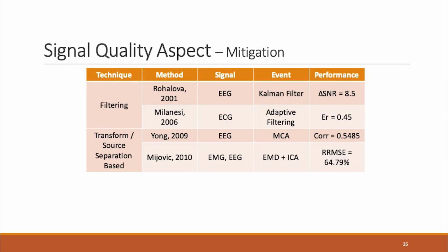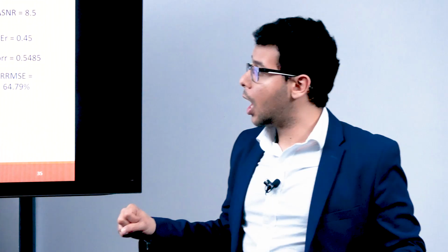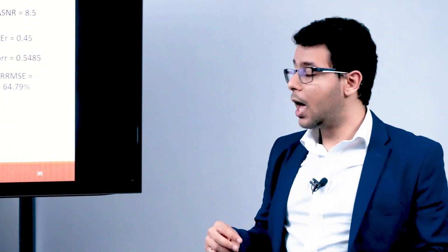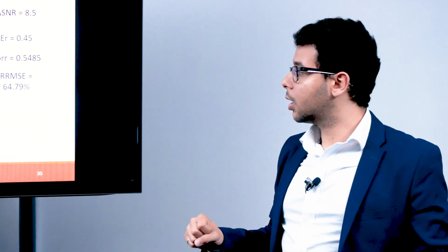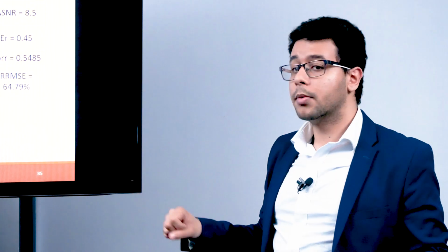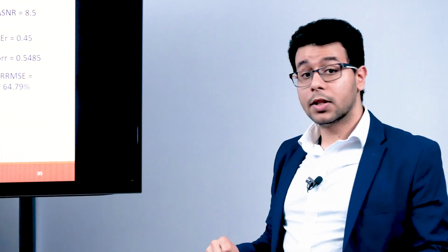So Young used a morphological component analysis, achieving an acceptable correlation between a signal post-removing the noise and pre-adding the noise. Mjovic used EMD, empirical mode decomposition, plus independent component analysis, and was able to achieve a residual RMSE of 64.79%.